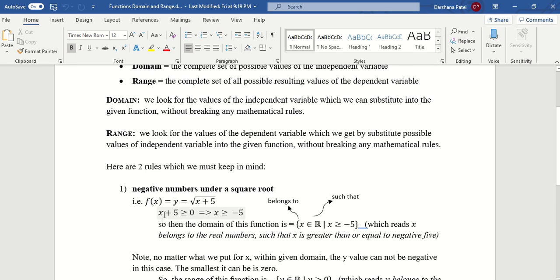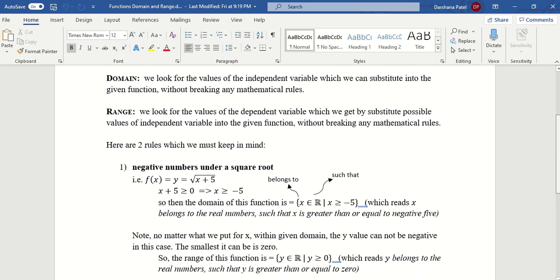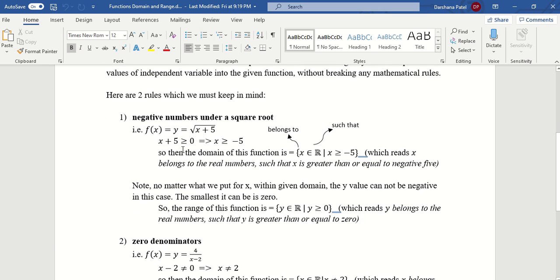Simplifying for x, subtracting 5 from both sides, we can say x has to be greater than or equal to negative 5. So the domain of this function is x is an element of real numbers such that x is greater than or equal to negative 5.